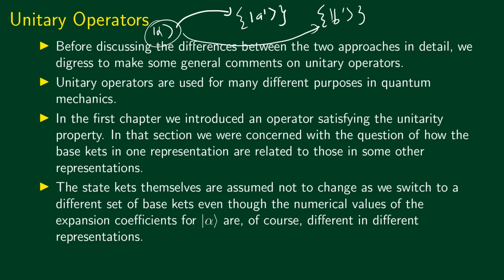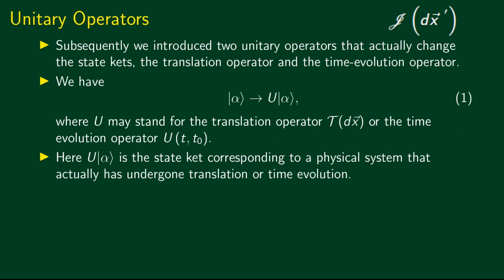And over there, we saw that these representations are related by unitary transformations. So in the first context where we used unitary operators, we were talking about representing the same state ket in different bases, or the representations of the same state ket. Here, there's no change of state ket involved. We are just relating different representations of it through unitary operators.